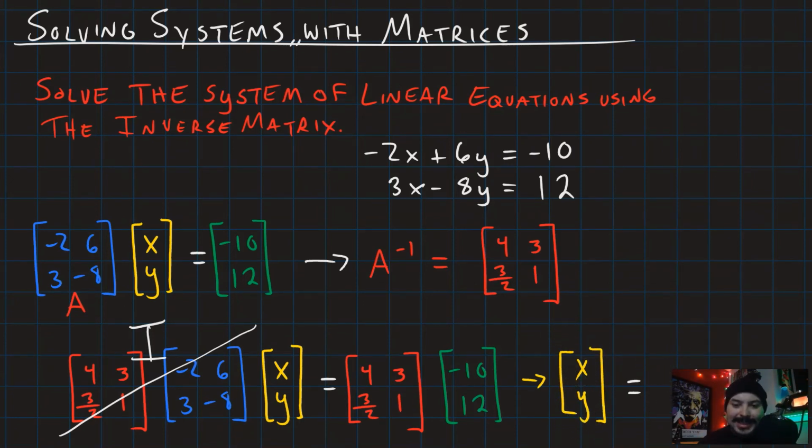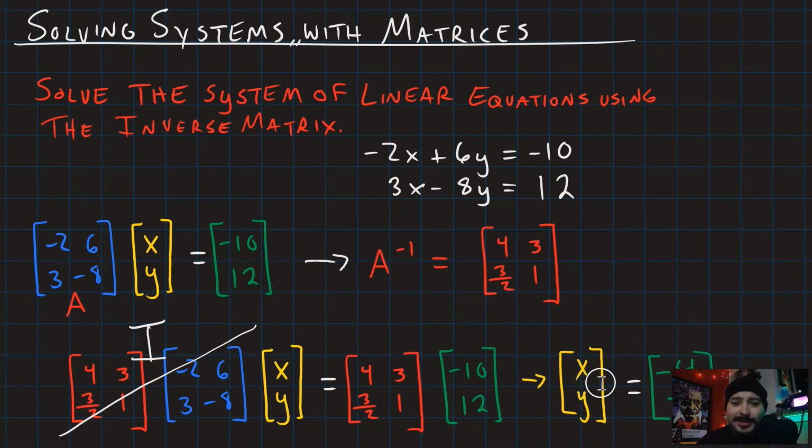So to find out what it equals, we have to multiply our inverse matrix A inverse with the constant matrix -10 and 12. To do that, we're going to go ahead and use the matrix calculator on Desmos again. After multiplying, we get that the matrix xy is equal to the matrix -4, -3.